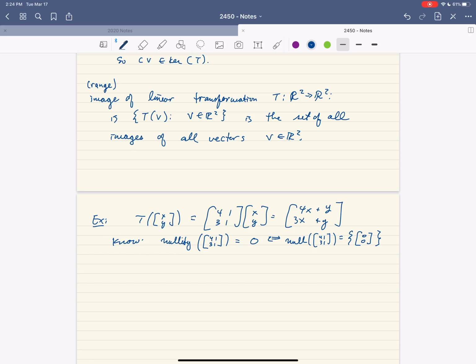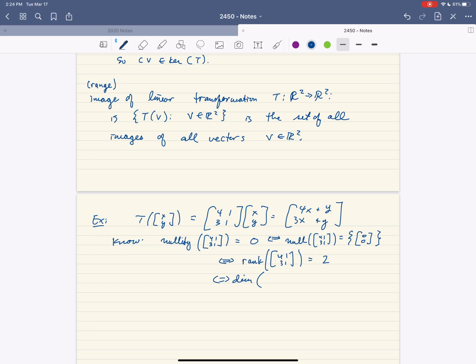Okay, so that's the null space. That happens if and only if the rank of our matrix 4, 1, 3, 1 is 2. And remember, the rank is the dimension of either the row space or column space.